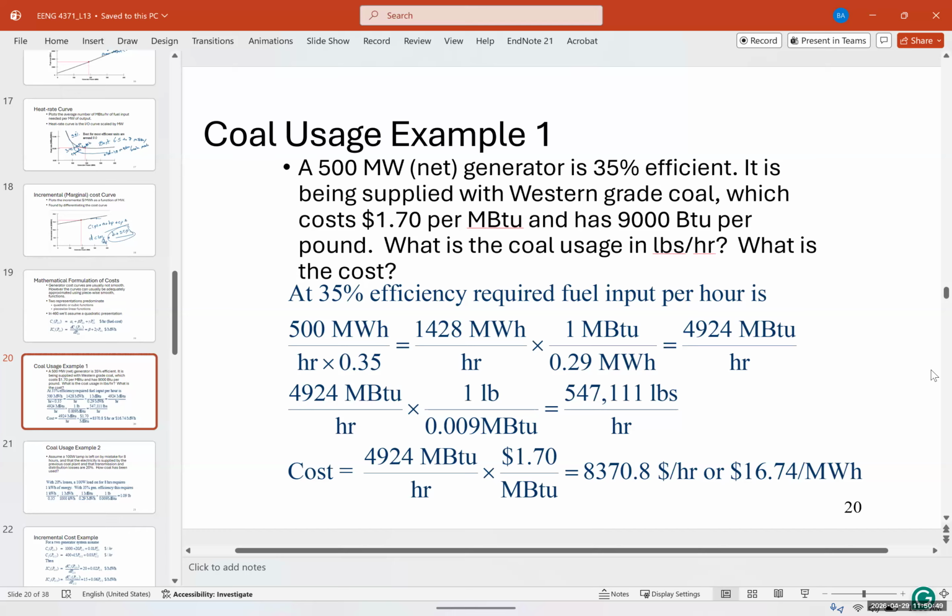It is being supplied Western grade coal, which costs $1.7 per MBTU and has 9,000 BTU per pound. What is the coal usage in pounds per hour? What is the cost?